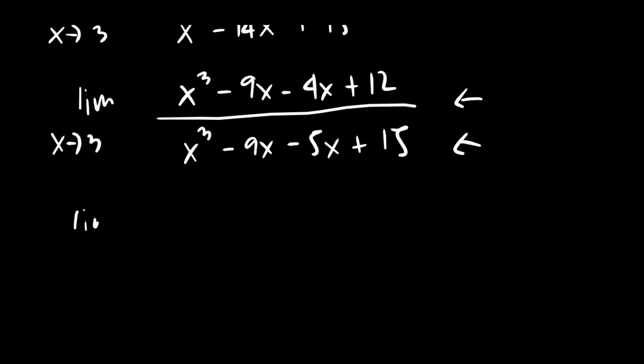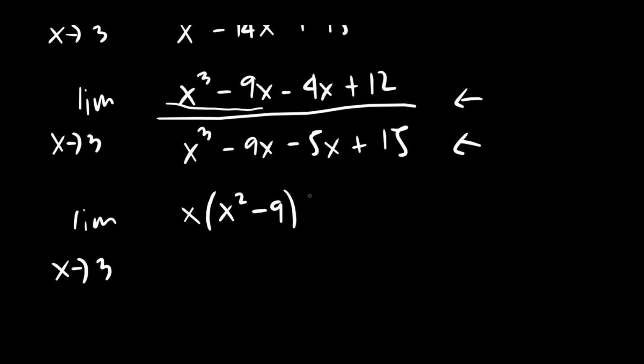So we'll have the limit as x approaches 3. We'll factor x cubed and 9x: x multiplied by x squared minus 9.